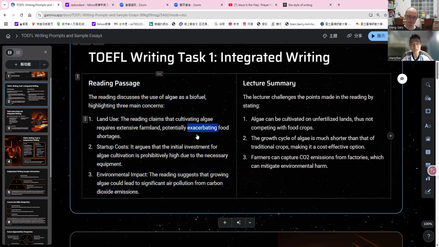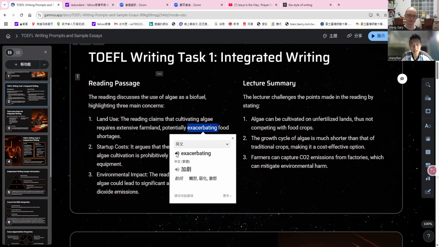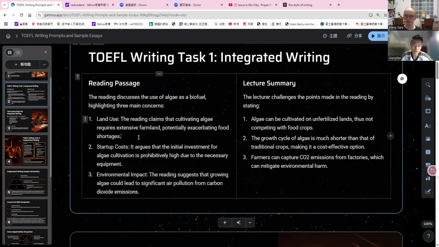Actually, it means worsen. But in TOEFL IELTS writing, if you can use this word, wow, high level. Exacerbating. It's a very negative word.